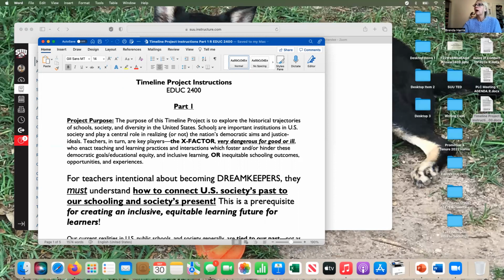So schools are obviously an important institution in the United States, and then teachers, they kind of make the difference. Is it going to go this way dangerous, as in, wow, learning is so powerful, and I can really learn and have tools to really make a difference in my world? That's a beautiful kind of powerful.